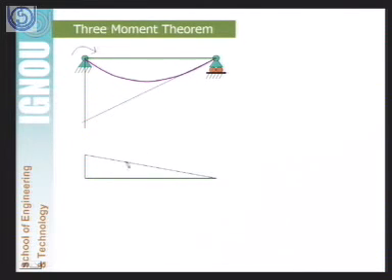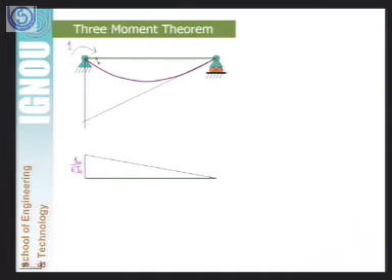Now you can see here, if a unit moment is being given here, the value of this moment will be 1 at this point, and if we draw the M by EI diagram, it will be 1 by EI1. Why? Because this is a simply supported beam, there will not be any moment at these points.